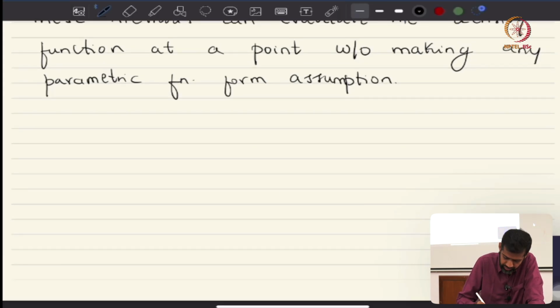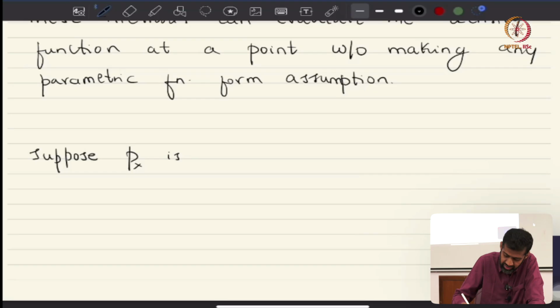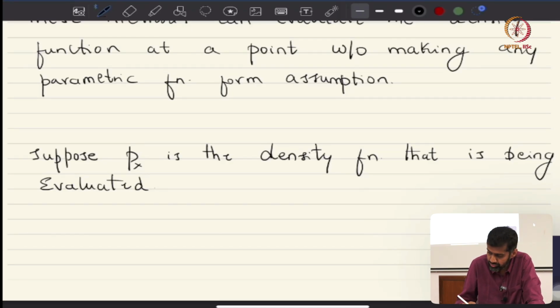Suppose P of x is the density function that we are evaluating, and we say that x is in R^D, as usual.